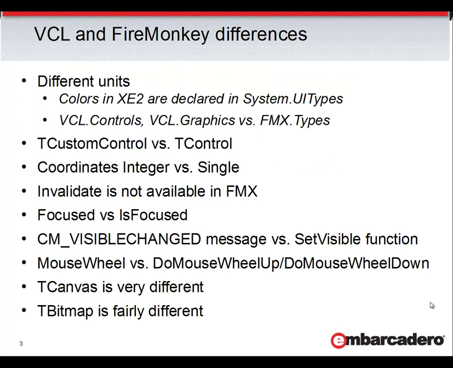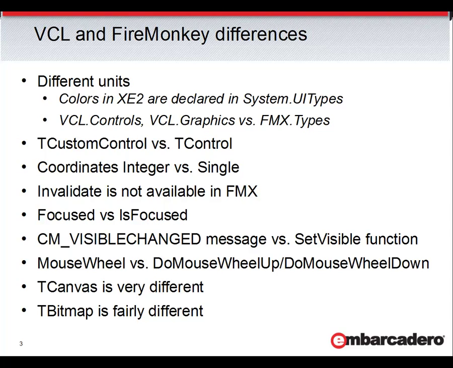Now let's focus on the differences. The first and simple difference is that the two frameworks use different units. In XE2, the framework-specific units have a framework-specific prefix. Units specific to VCL have the prefix of VCL, and units specific to FireMonkey have the prefix of FMX.